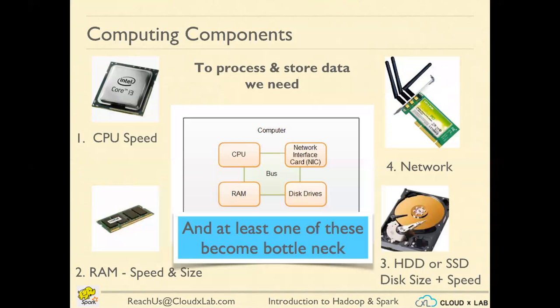We would require a faster speed, and we can't achieve that using a single computer. Then we realize that we need a distributed computing platform. At least one of these will become the bottleneck when it comes to big data: either the CPU, RAM, storage, or the network. Any of the four components can become the bottleneck when handling big data.